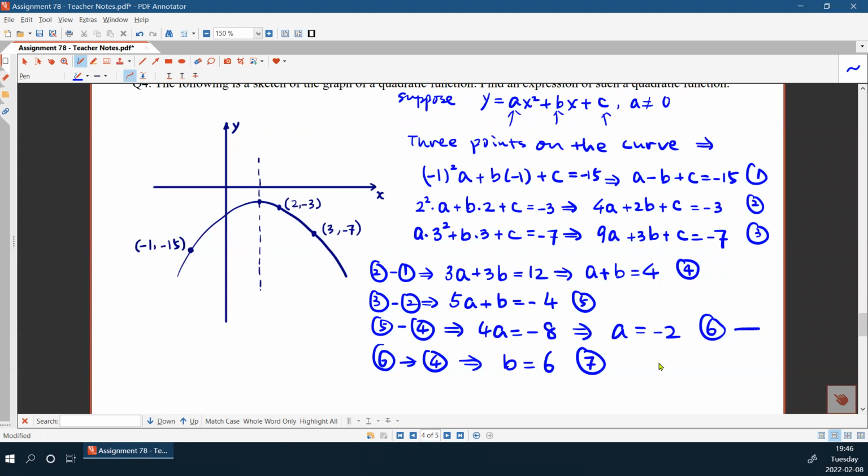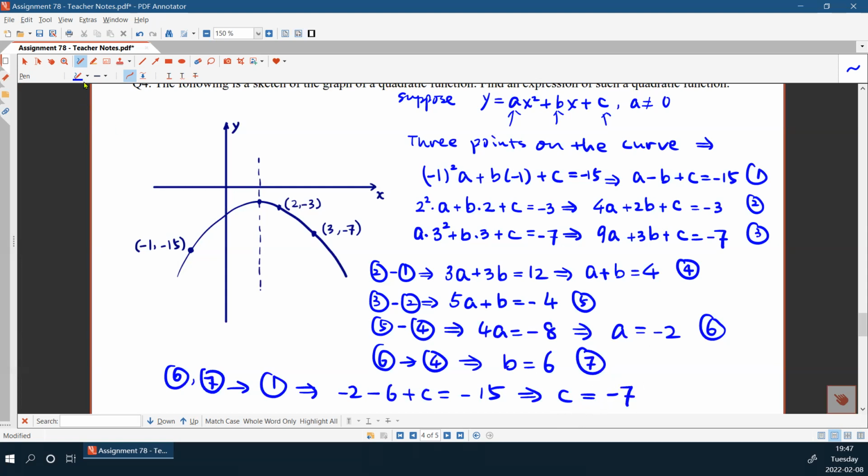Then we can put 6 and 7 back into equation number 1 to solve the value of c, right? Okay, 6, 7 into equation number 1. This will give us -2 minus 6 plus c equals -15, which we can solve. C is actually -7, right?